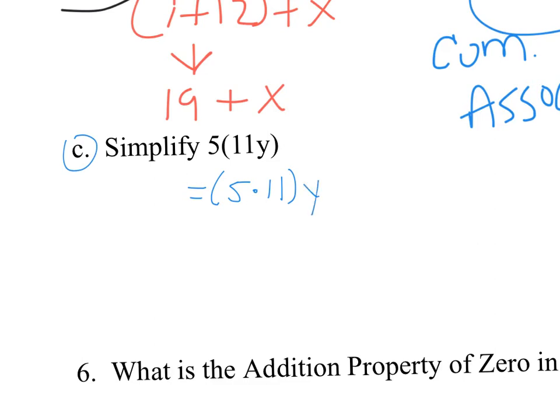And now we're just going to multiply. What is 5 times 11? Well, it's 55. And we would still multiply that 55 by y, so it would be 55y. That is our answer right there.